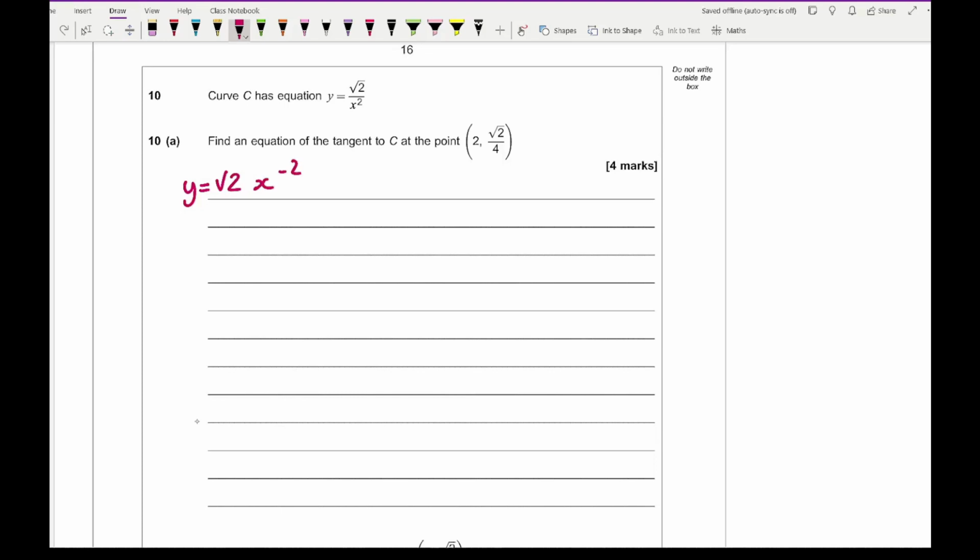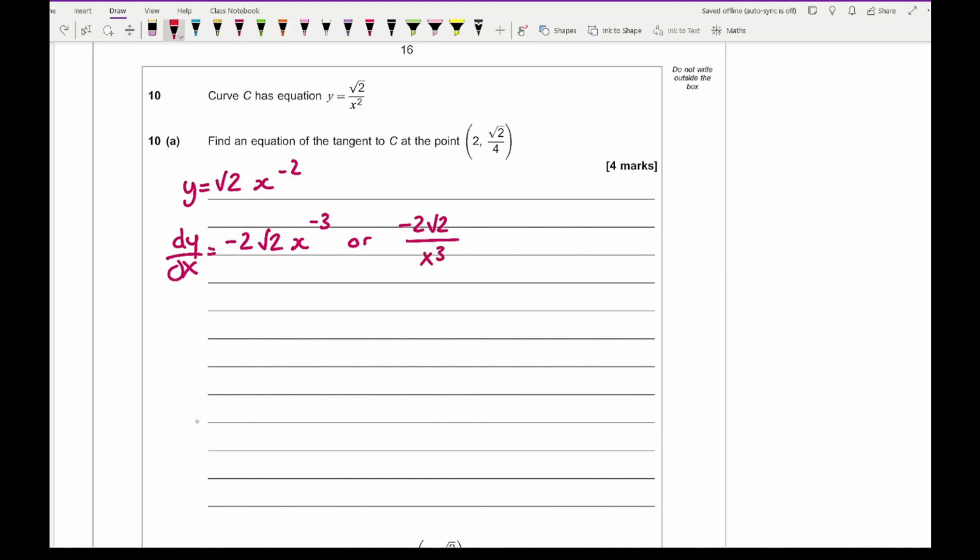I can then work out dy over dx, which is going to be minus 2 root 2 x to the power of minus 3, or I can write this as minus 2 root 2 over x cubed, whichever of those you prefer.